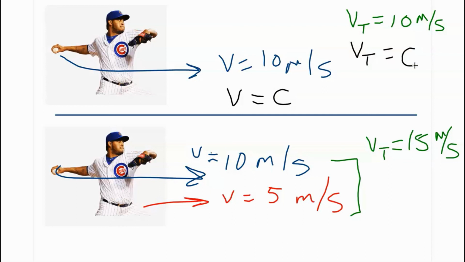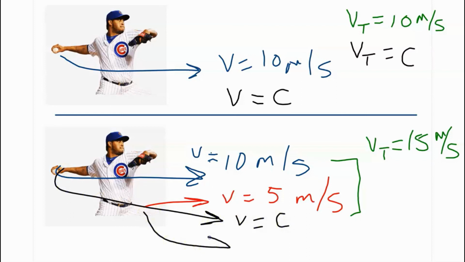If in this situation the ball is thrown at the speed of light and the person is running at the speed of light, your classic way of thinking about this would be the total velocity is c plus c. Now, not c squared, we've been saying E equals mc squared, but c plus c is 2c.